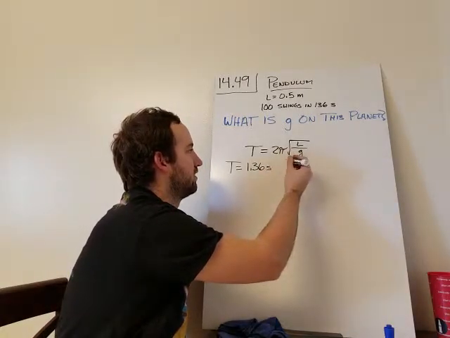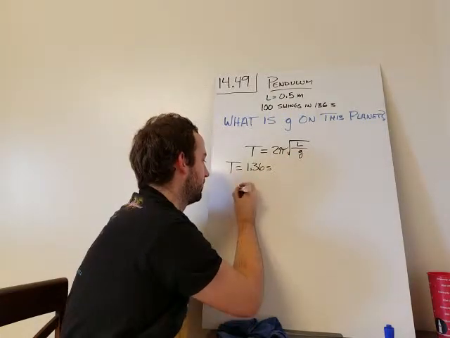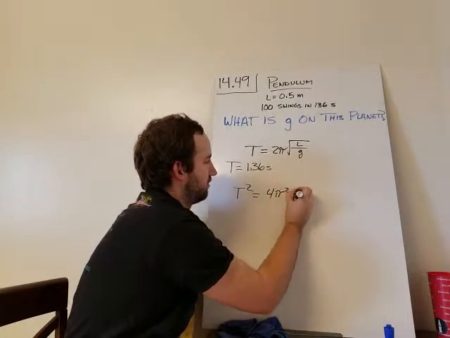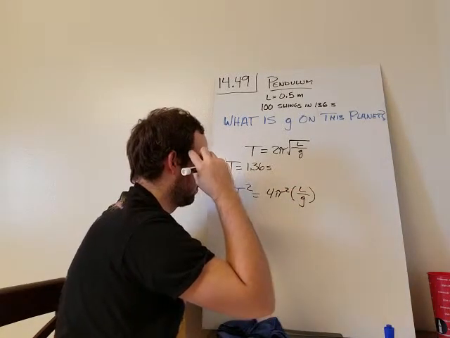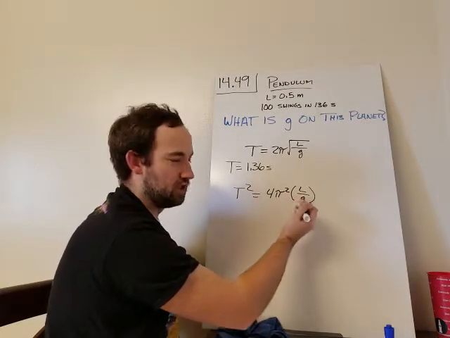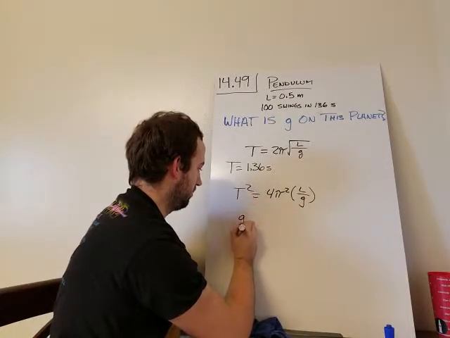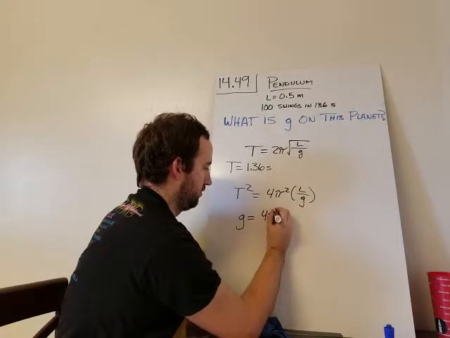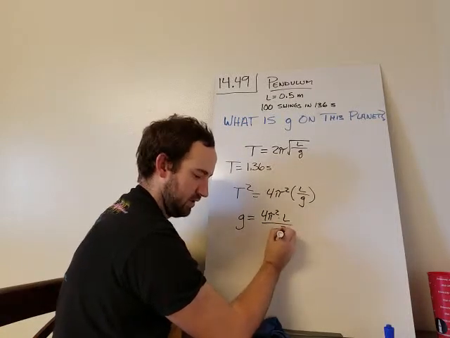Since we have a square root, we'll need to square everything to be able to work with it. So we end up with T squared equals 4 pi squared times the length over g. Now we'll need to isolate g, so we end up with g is equal to 4 pi squared times L over T squared.